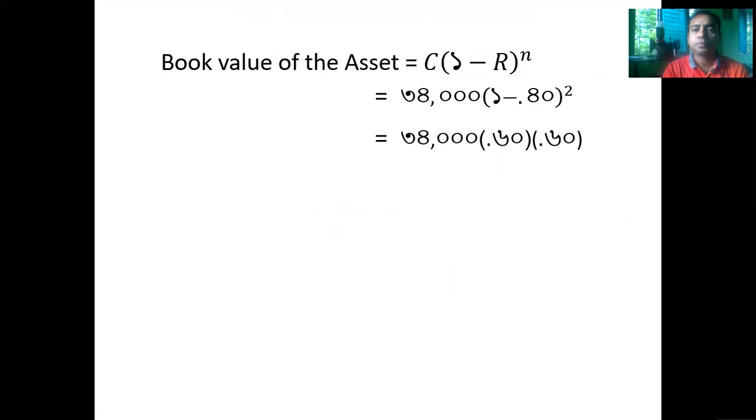So 1 minus 0.4 equals 0.6, and as it is squared, 2 times, 34,000 into 0.6 squared, then we will get our desired result, 12,240. Hope you understand very clearly.